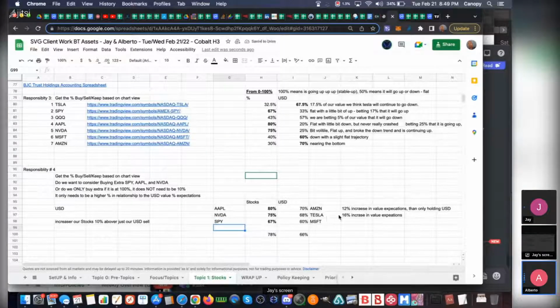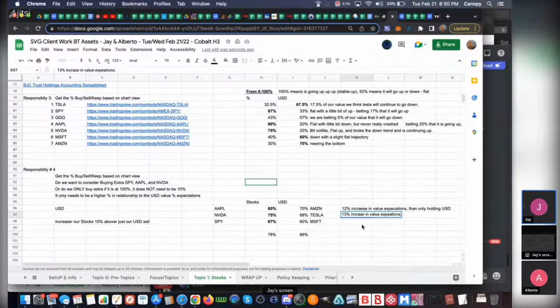So we would sell SPY to buy Microsoft. No, we would sell Microsoft to buy SPY. Yeah. Right, so for Tesla, for example, it's at 68 in relation to 66, so that's a 2% difference, and then you have 75 related to 66, which is 11, so it's 13%.